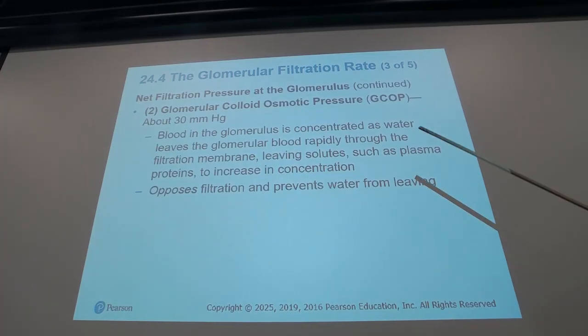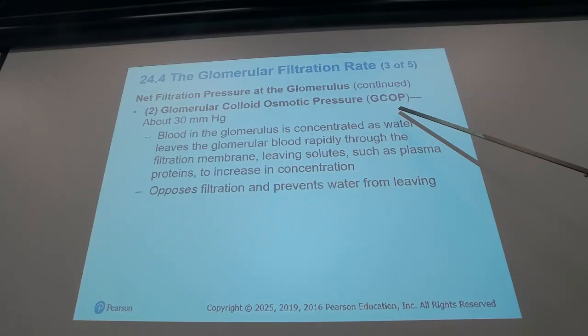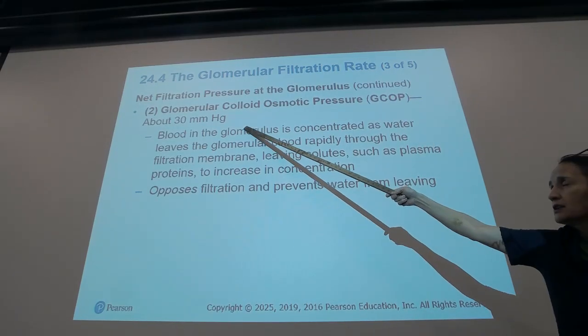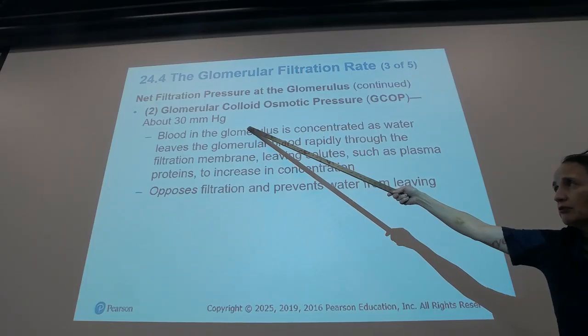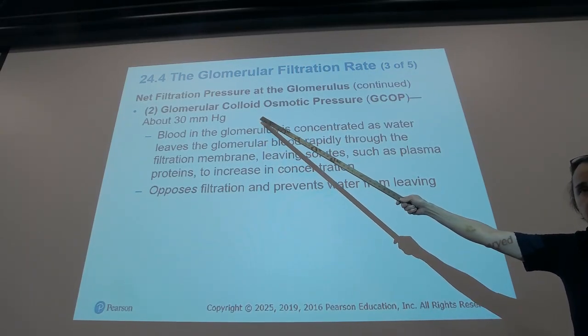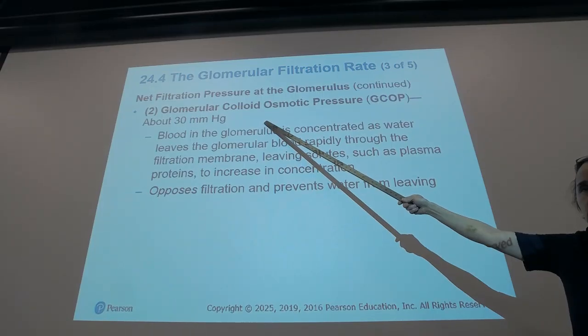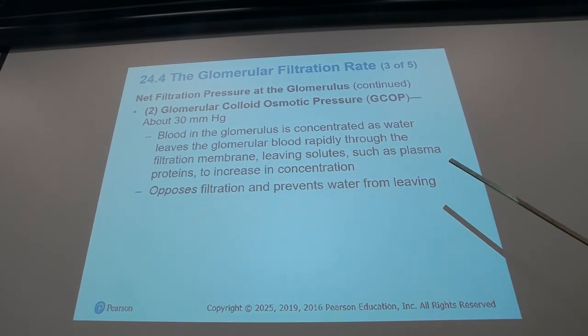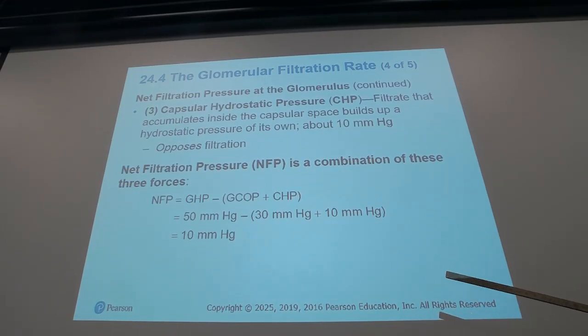And the proteins make the glomerular colloid osmotic pressure, or GCOP, 30 millimeters of mercury. So then we have higher hydrostatic pressure, 50 versus 30. What is the difference? 20. Because of that gradient, fluid tends to go out, because of those 20 millimeters of mercury.